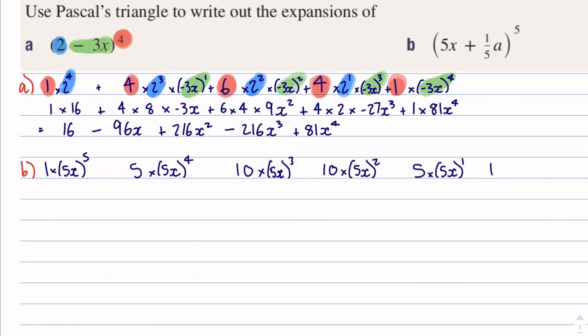We don't bother putting that in. Okay, we've got 1/5 a to the 0, 1/5 a to the 1. I should be doing pluses in between each of these terms as I come to them. Times 1/5 a squared, times 1/5 a cubed, times 1/5 a to the 4, times 1/5 a to the 5.